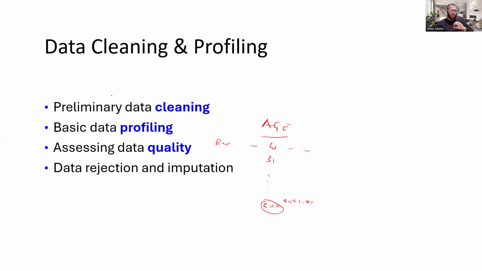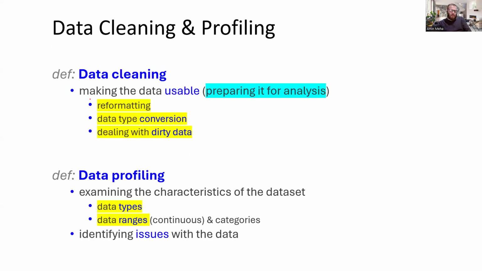What is common is that you have one column where you can find a lot of data missing. So we're going to do some data cleaning, preparing it for analysis.